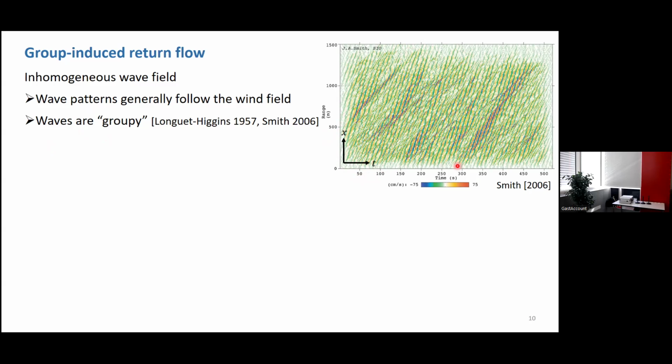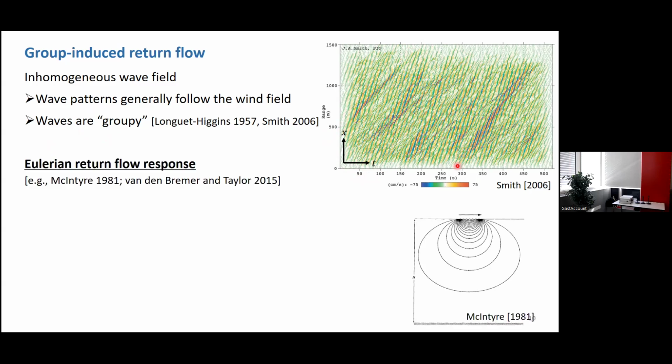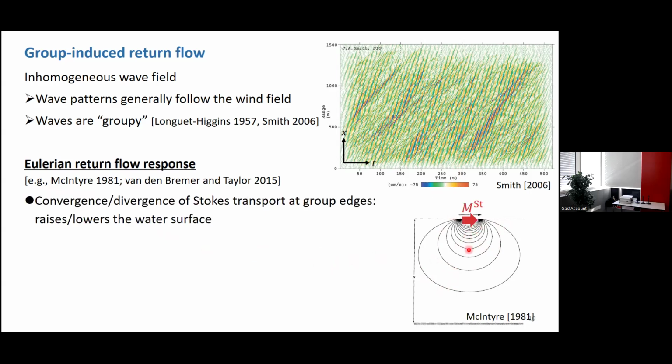There is a classical theory describing the ocean current response to this kind of wave groups, initially discussed by Longuet-Higgins in the 1960s, but the paper by McIntyre is also very famous. When there is an isolated wave packet, it induces horizontal mass transport, which leads to horizontal convergence and divergence of mass, which tries to raise or lower the water surface.